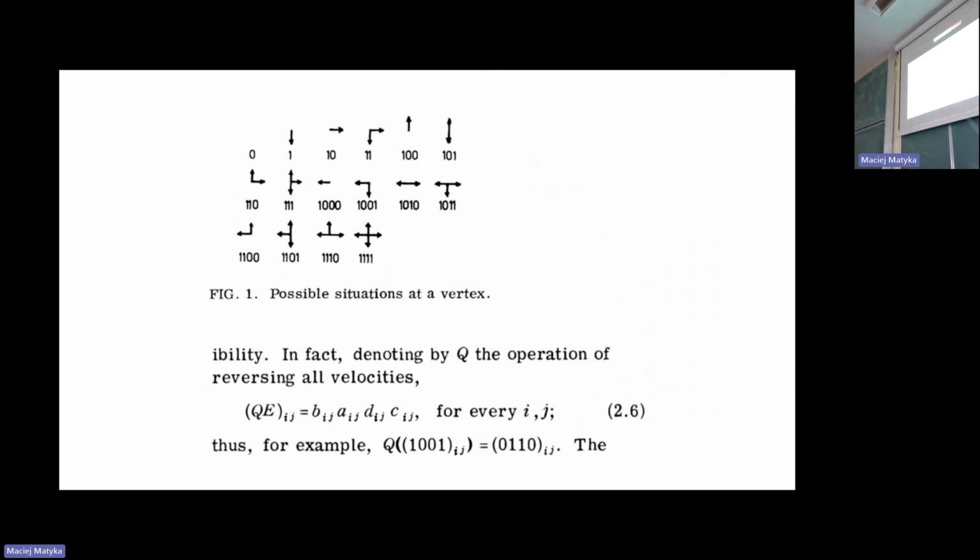And then there are ways to calculate the operations, for instance, for reversing all velocities. You basically take the negative of 1001. 1001 is particles going upward and right, so reversing would be the negative of this number, which is basically 0110. Am I right?